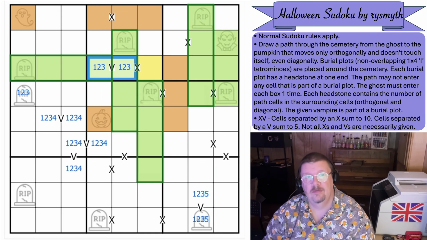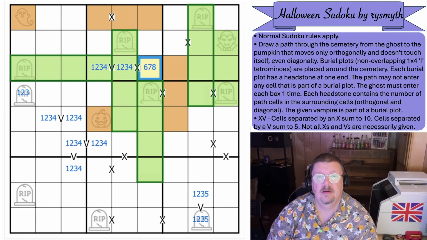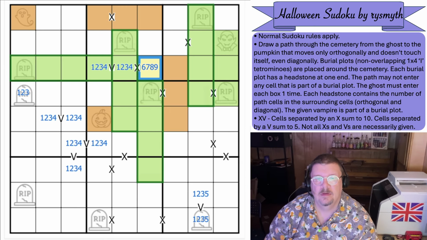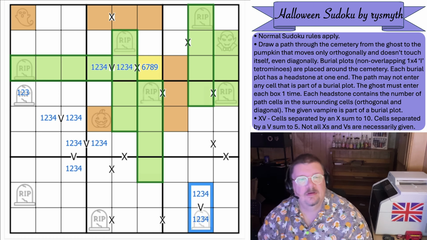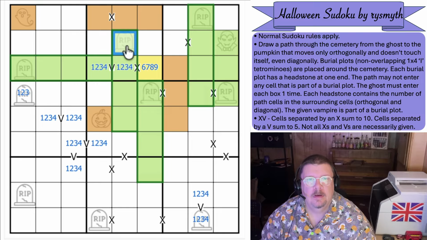Those are from 1, 2, 3, and 4 because of the 5. This is from 6, 7, 8, 9. I seem to have mismarked that by accident, so let's fix that. Right, that can be a maximum of 5.